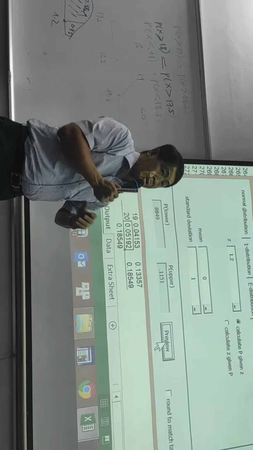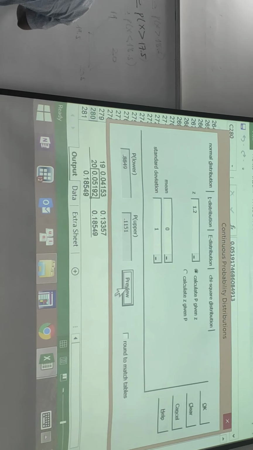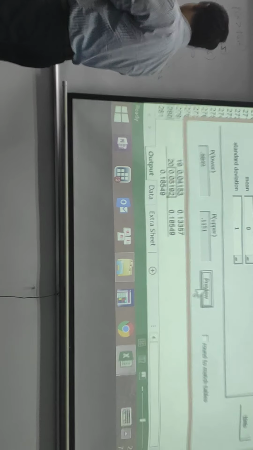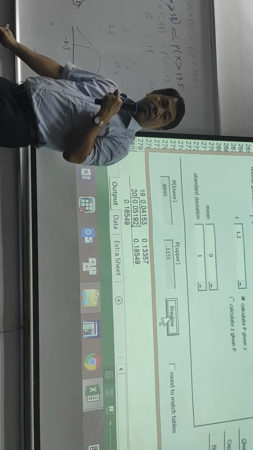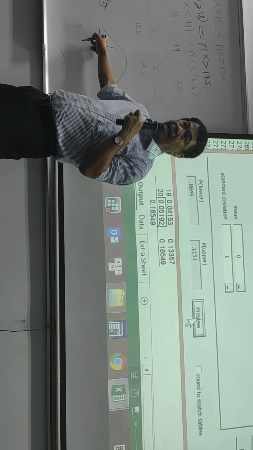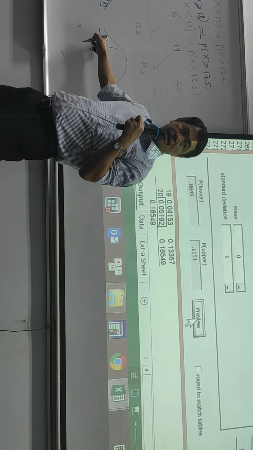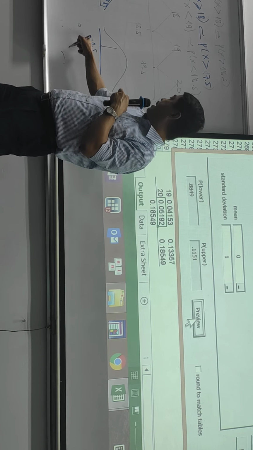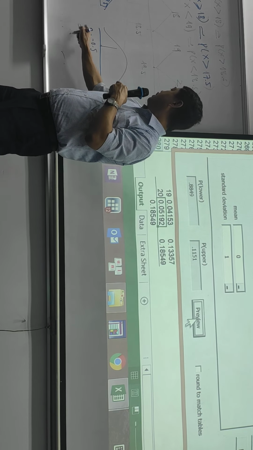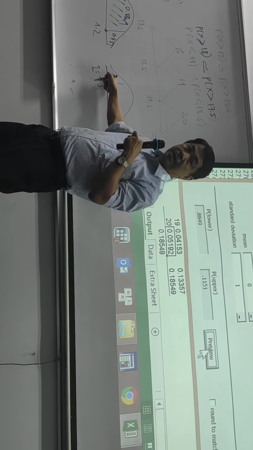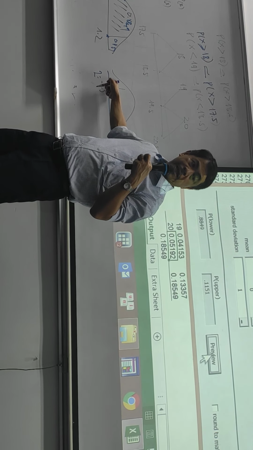Now let's say z is negative 0.5. Tell me, is this area higher or less than 50%? Less than.